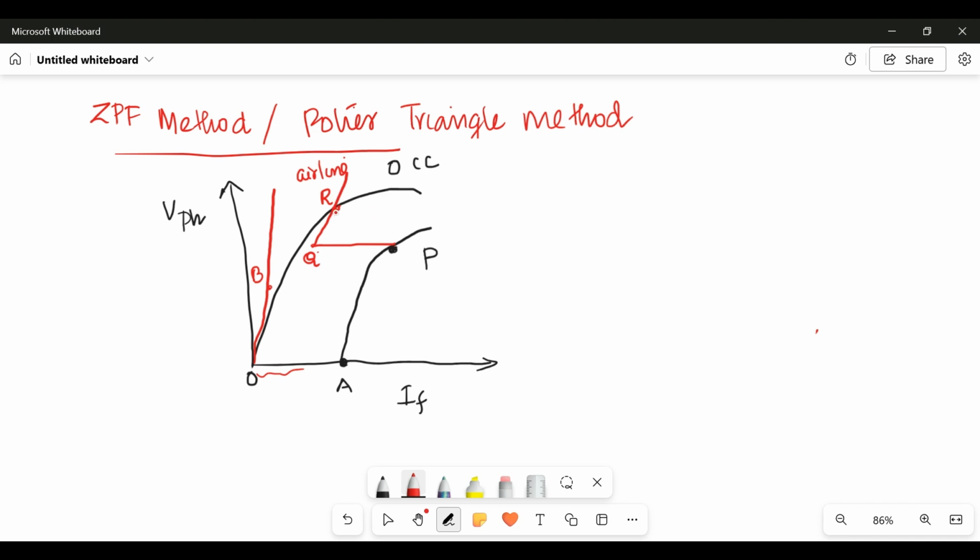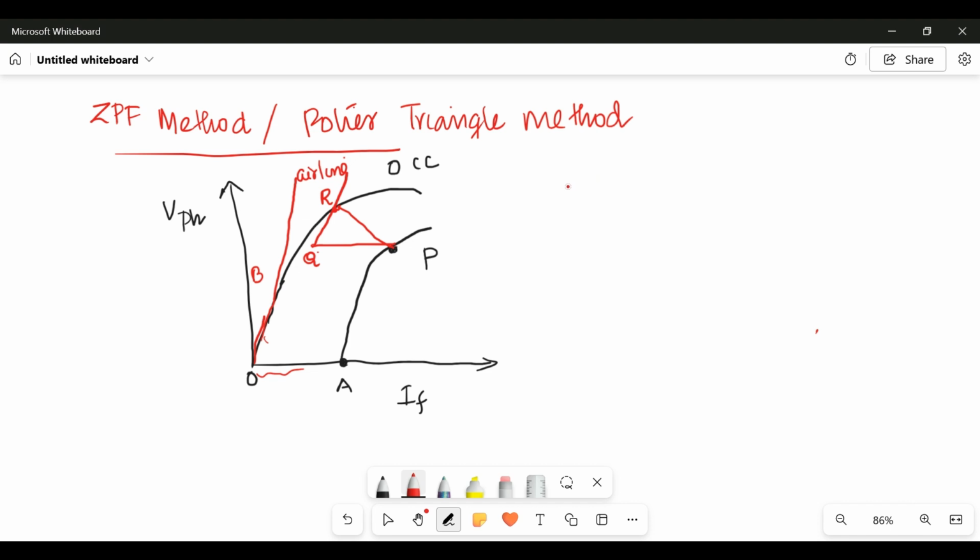That parallel line intersects the OCC at the point R. This should be parallel to this air line. Then join RQ and then join PR.